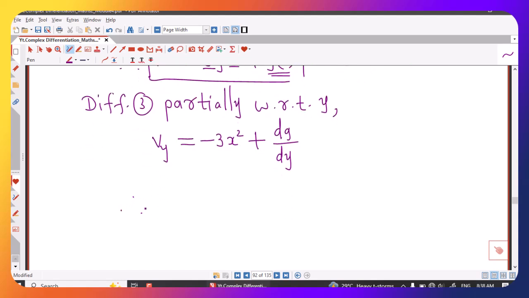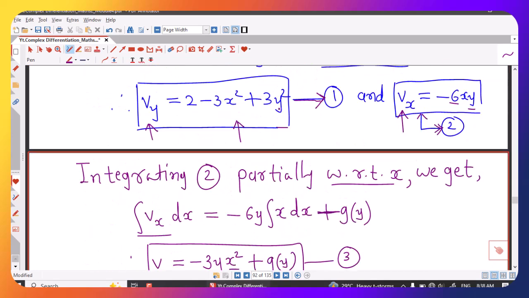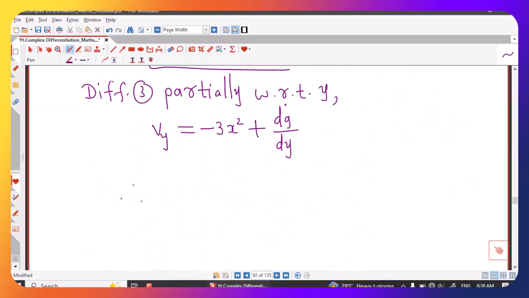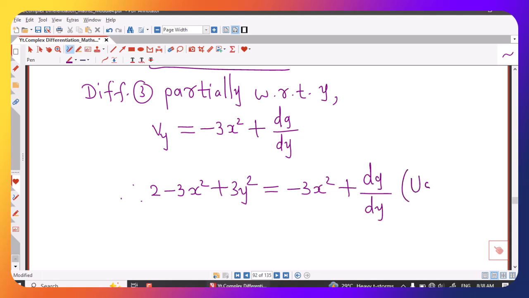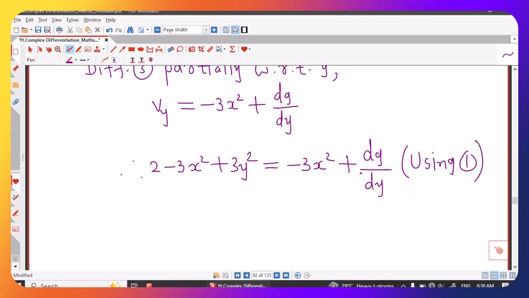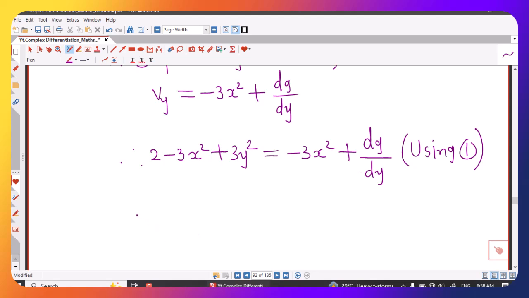And now we write the value of del v by del y from equation number 1, which is 2 minus 3x square plus 3y square, and here we have minus 3x square plus the derivative of g with respect to y. We have written del v by del y from equation number 1, so in the bracket we mention using equation number 1.